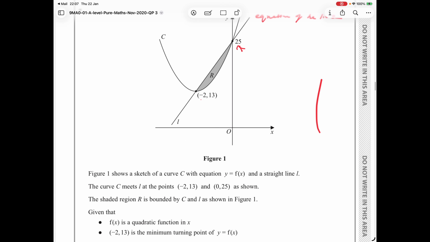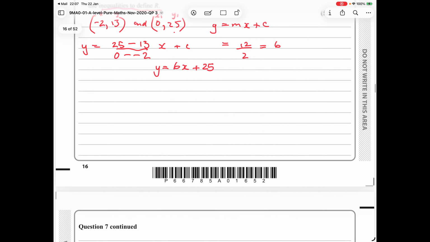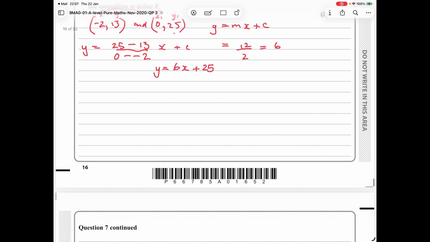Okay, now the other one, we know, again, 2 points. And the most important point that we know is the minimum point. So we know that y equals a, because that is the thing that you have in front of the x squared.